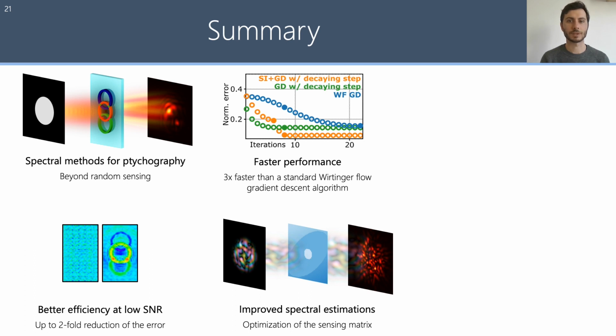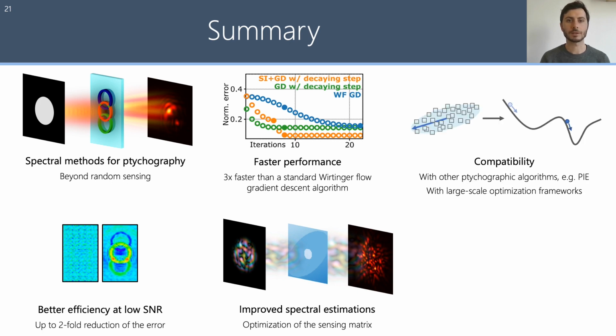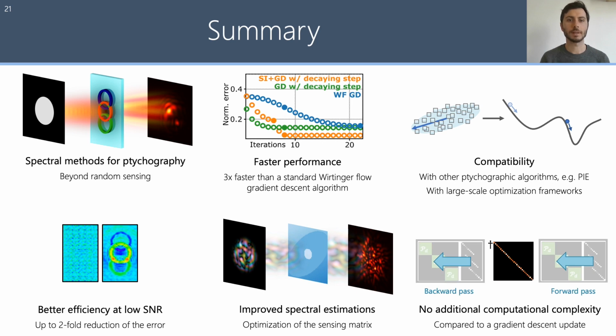We listed a few procedures to make spectral methods more efficient, and among them, the optimization of the sensing matrix was discussed in detail. Throughout the whole presentation, we have highlighted the compatibility of spectral methods with other iterative ptychographic solvers, and most importantly, the fact that they come with no additional computational complexity than a gradient descent algorithm.